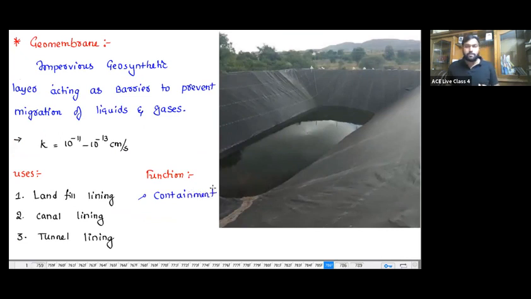Okay, so this is about the geomembrane. Waterproofing. Sir, are these similar to non-woven geotextiles? No. Actually, non-woven geotextiles are going to be pervious only. Though their weaving structure cannot be seen, they are not impervious like a geomembrane.